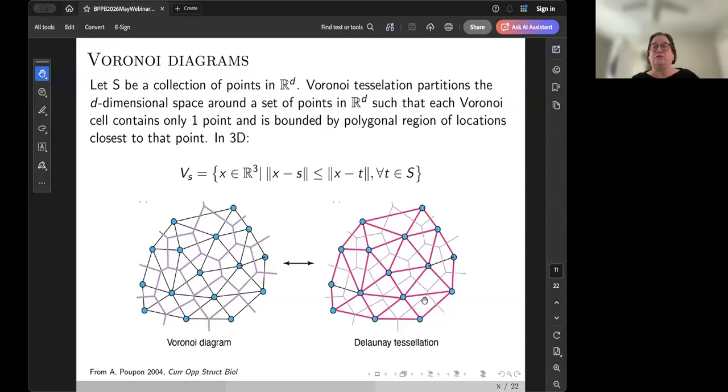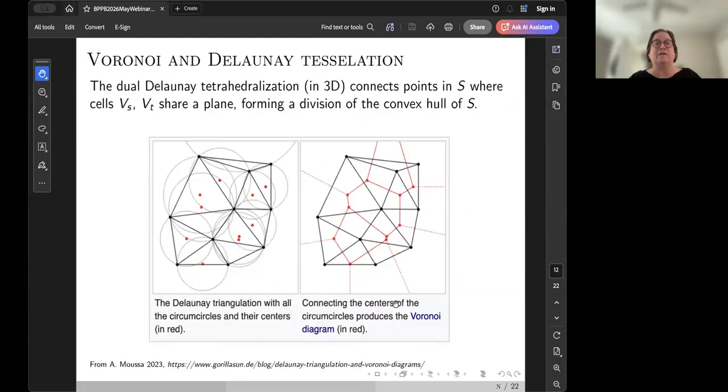That partitions the convex hull into a space of triangles, or tetrahedra in 3 dimensions. That's the main gist of what a Voronoi diagram is in terms of representing how space is partitioned by a set of points. And this works analogously in 3D or in any D for that matter.